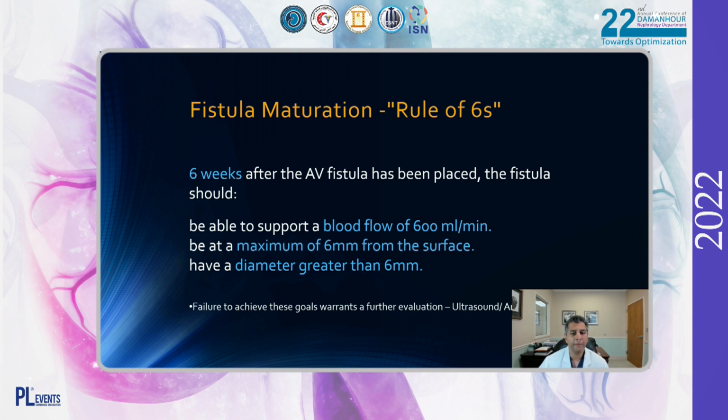We generally want a blood flow of at least 600 milliliters a minute measured from the feeding artery, and a maximum of no more than 6 millimeters deep and at least 6 millimeters in diameter. If it's deeper than 6 millimeters, then it's difficult to cannulate, and if it's smaller than 6 millimeters in diameter, it's difficult to cannulate. So when we identify these kinds of problems, we generally perform interventions to try to assist and help with fistula maturation.